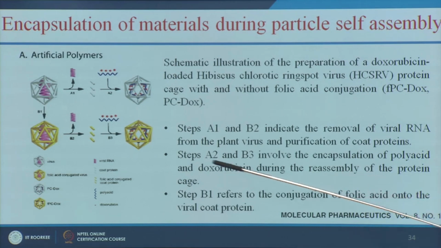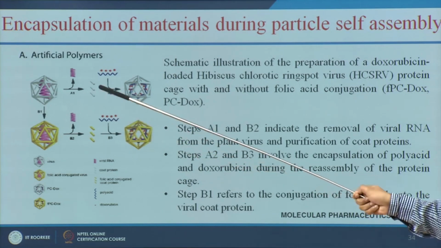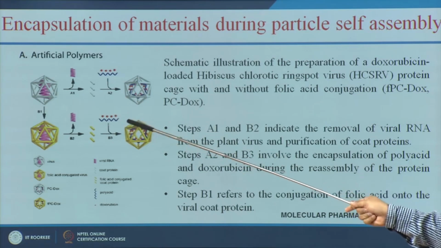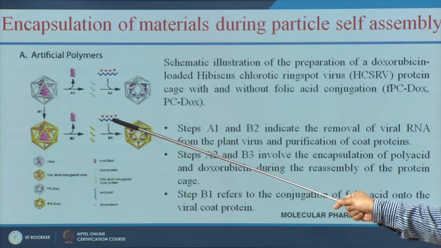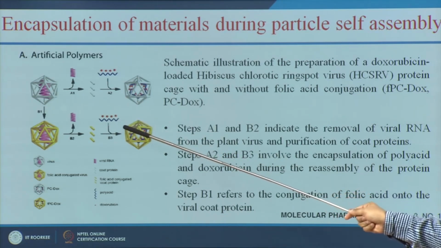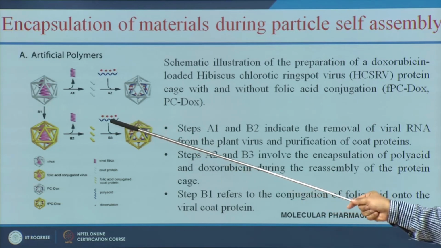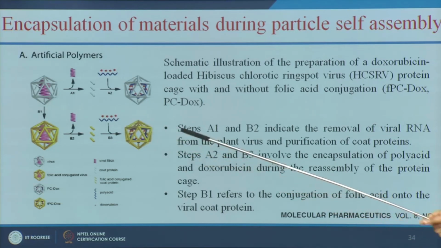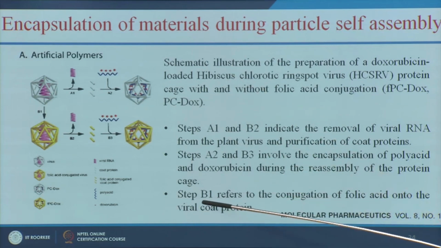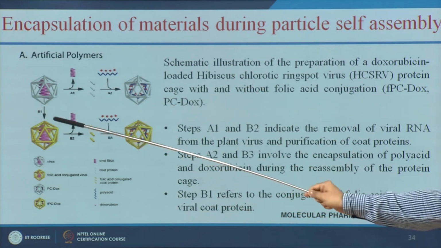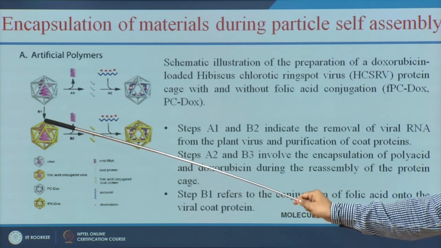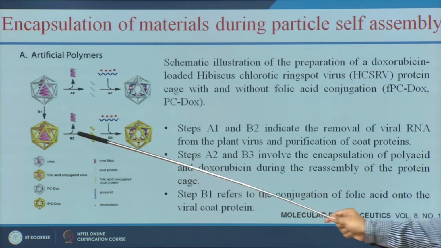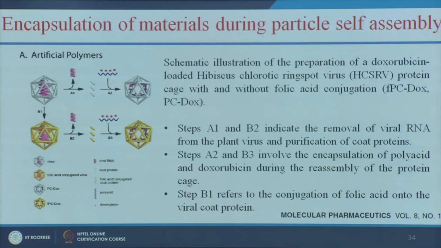So what happens is during the self assembly, it will take this artificial polymer which has the anti-cancer drug and pack this polymer into the viral capsid, and again we are going to add folic acid to this viral coat protein in step B1. So when you add this folic acid, it will be targeted only to breast cancer.